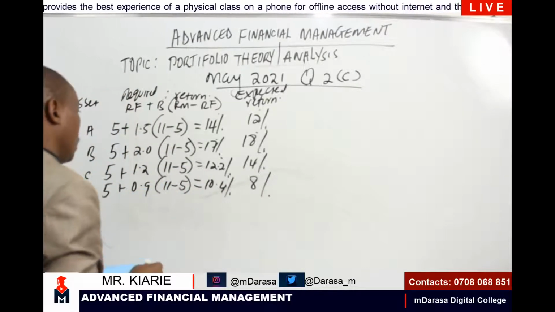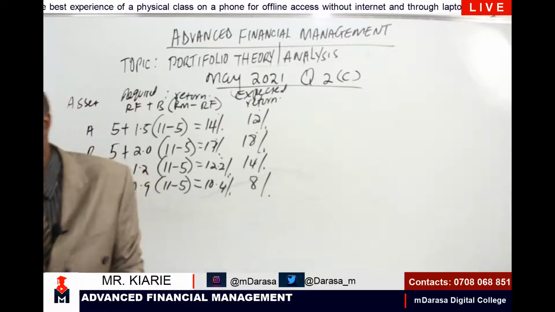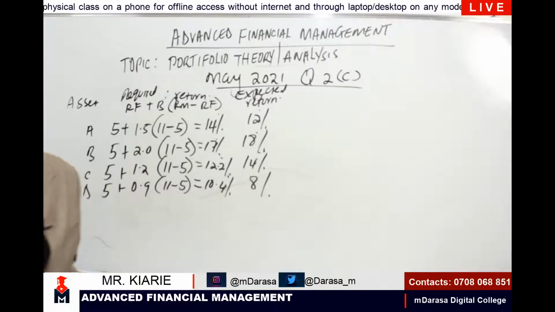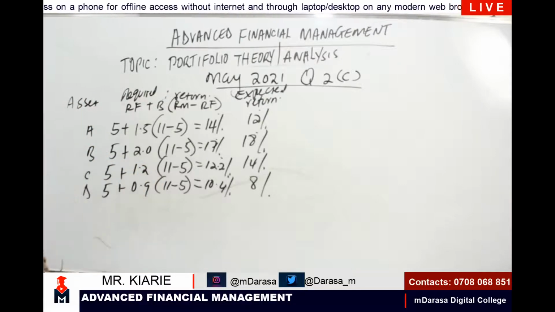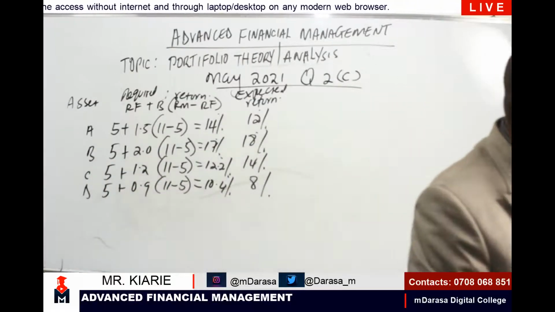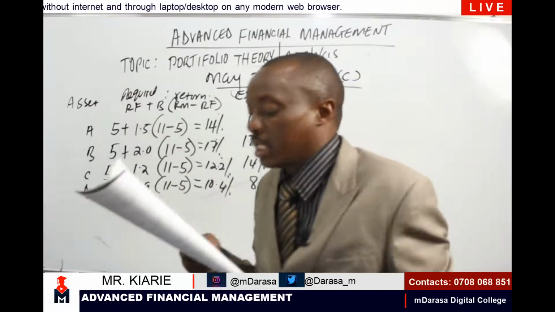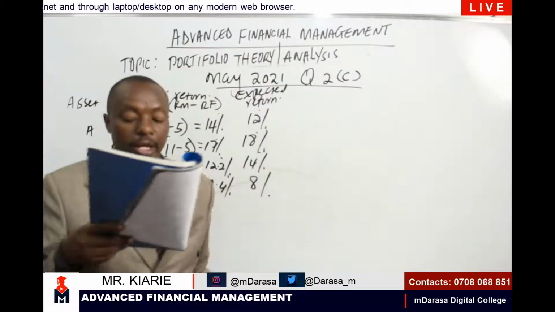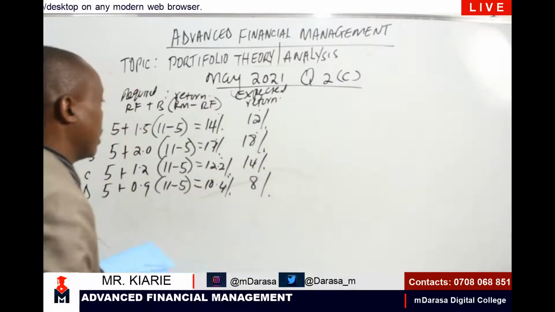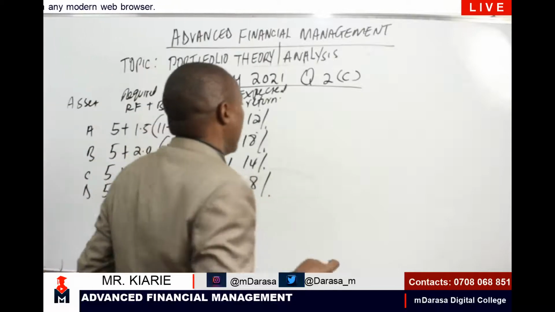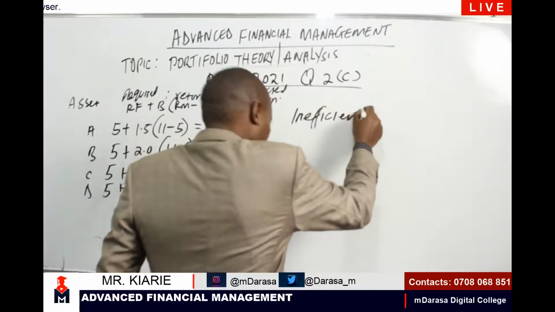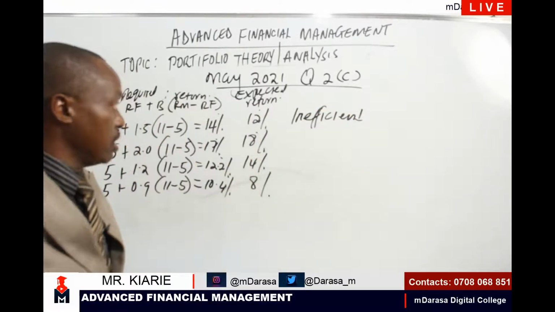Therefore, according to the definition of super efficient, inefficient, and efficient portfolios, a portfolio is said to be super efficient if its expected rate of return is higher than the required rate of return. In this case, it is less, and therefore it is inefficient.